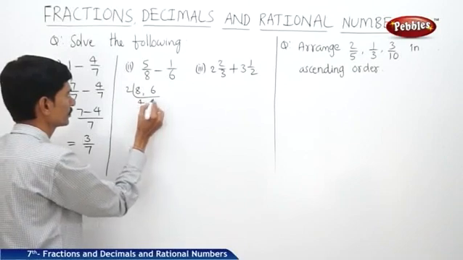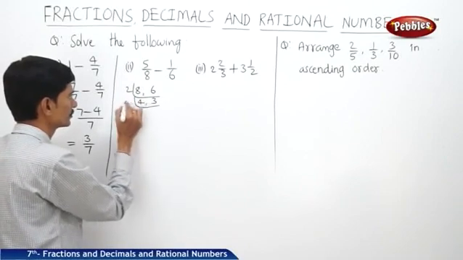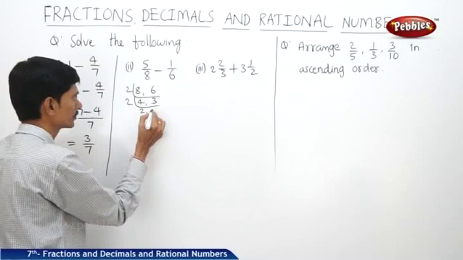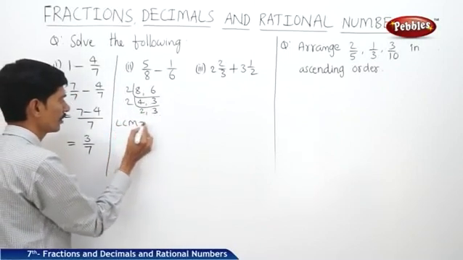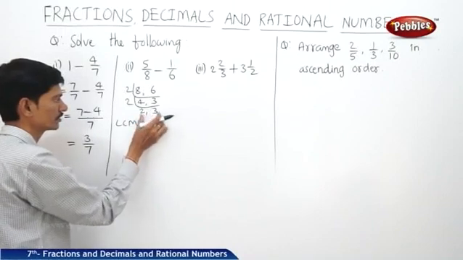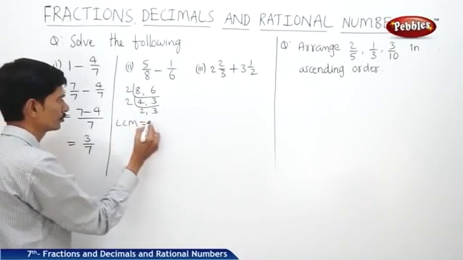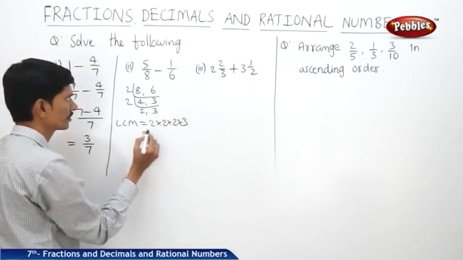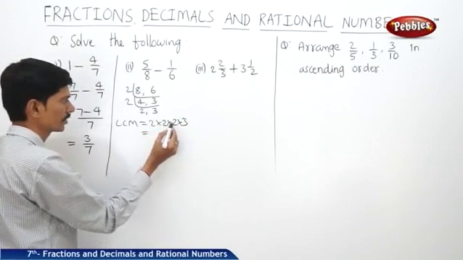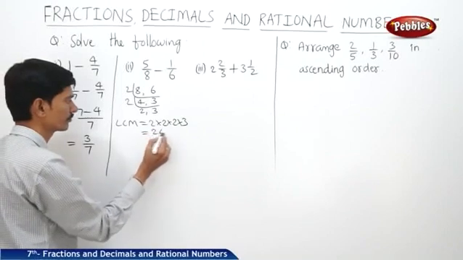2 4s are 8, 2 3s are 6, then 2 2s are 2, 3 will not go, then 3 is same. Now LCM, as 2 and 3 are prime numbers, we can stop here itself. Now 2 into 2 into 2 into 3. Now this equals 2 2s are 4, 4 2s are 8, 8 3s are 24.